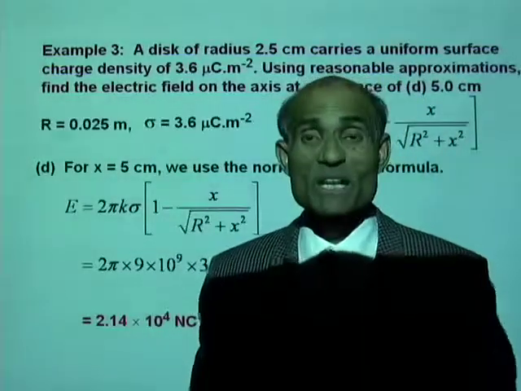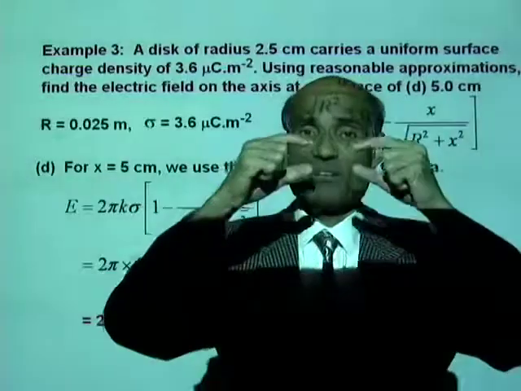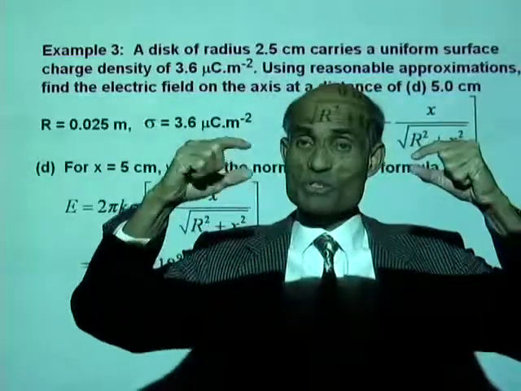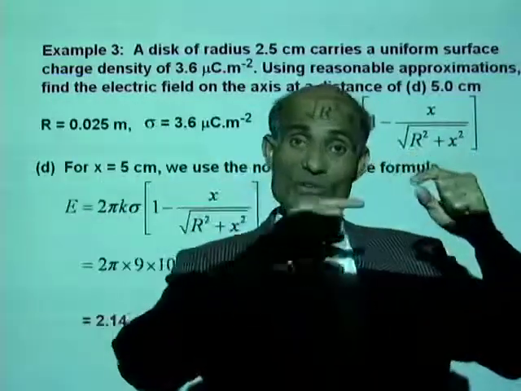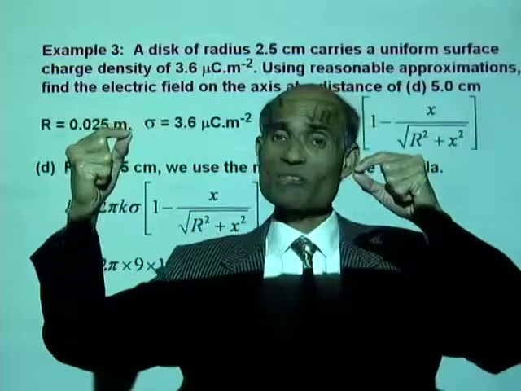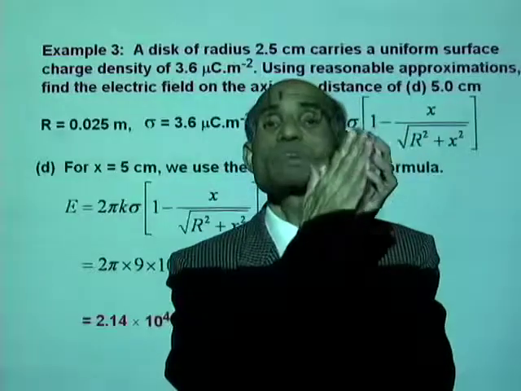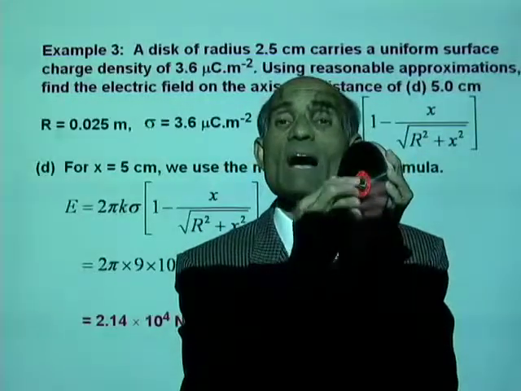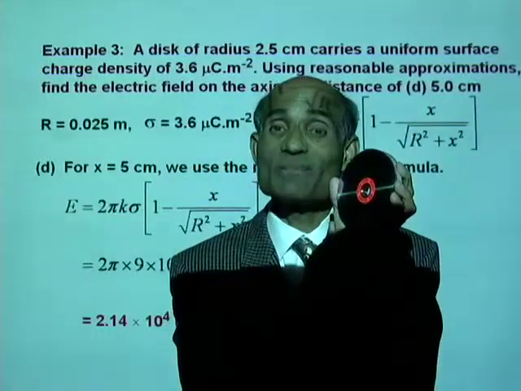So if you notice here, we treated three cases. We had a long object, we obtained the electric field on the axis of that. We had a ring charge, we found the expression for electric field on its axis. And finally, we found the expression for electric field at a point on the axis of a disk.